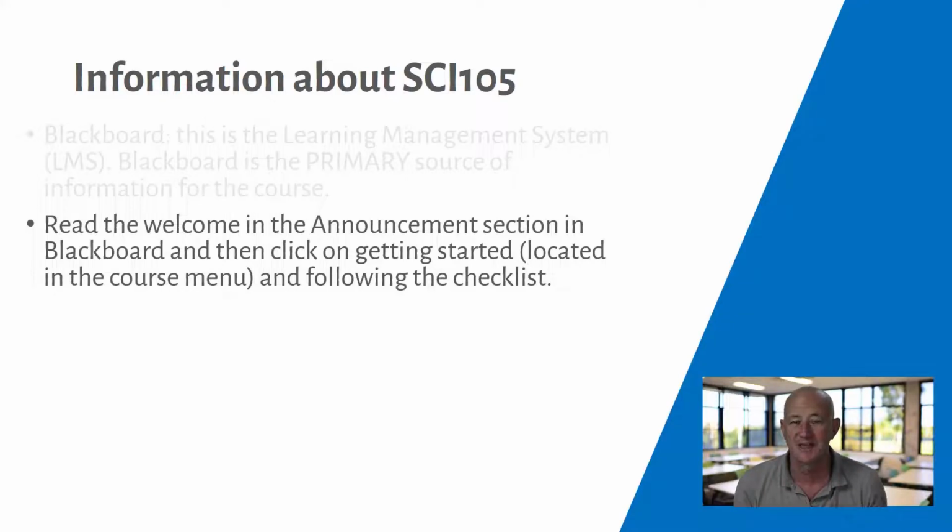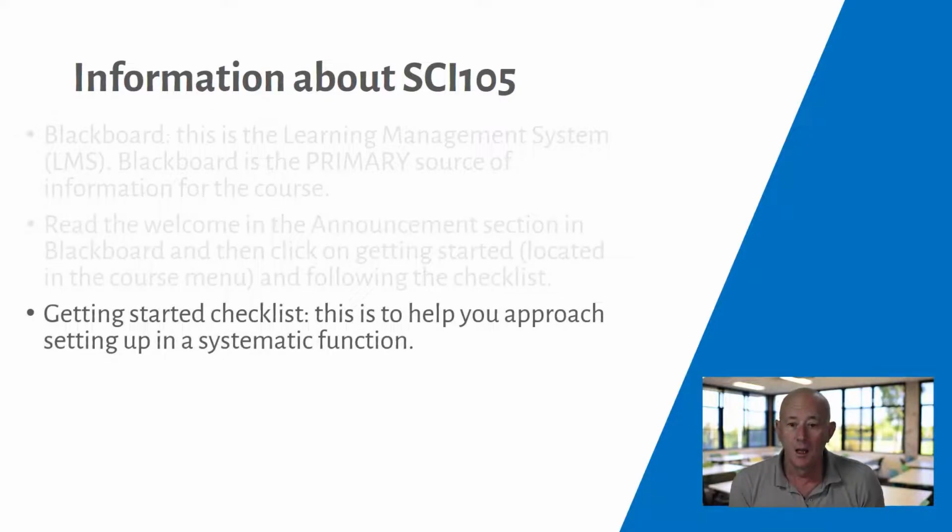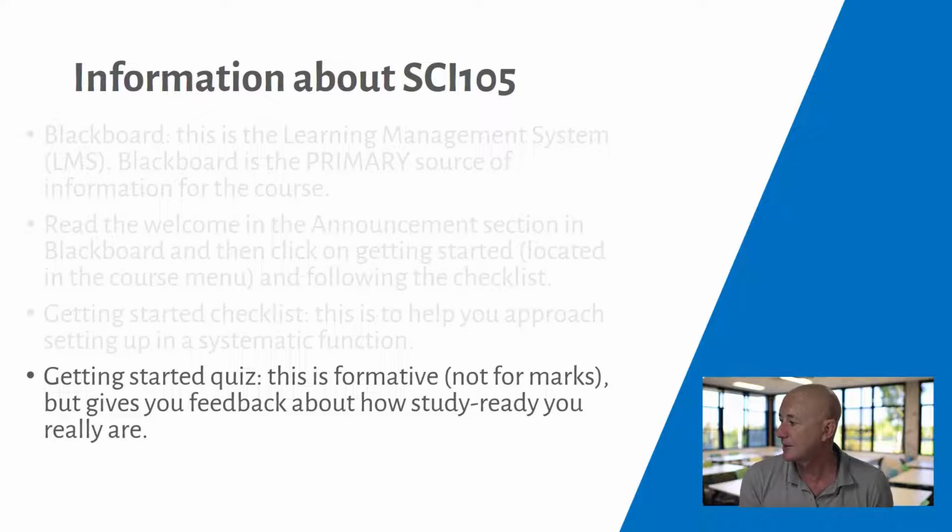I would suggest that you use that checklist to go through and double check that you understand what's going on in the course. We will also do that in the first tutorial.